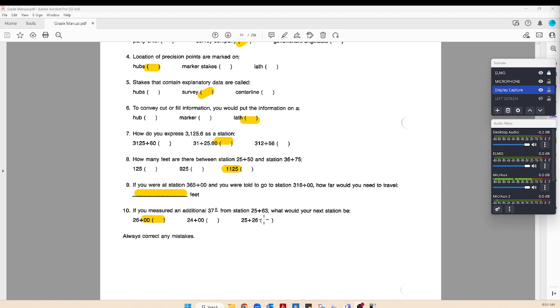So take 63, add 37, is 100. So it would be 2600. If you wanted to go 37 feet further to put, say, an underground culvert in, you would be at station 2600. That's where you'd want it.